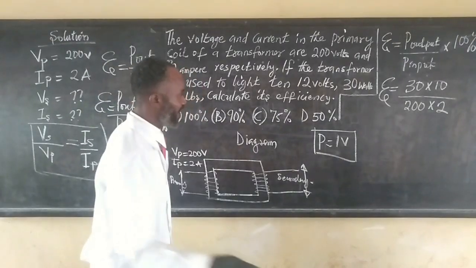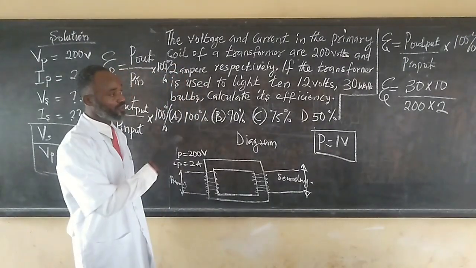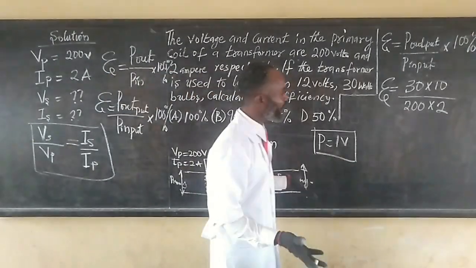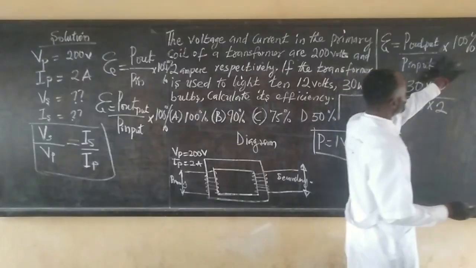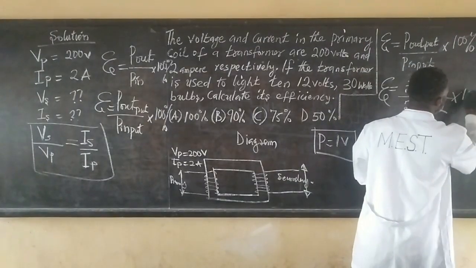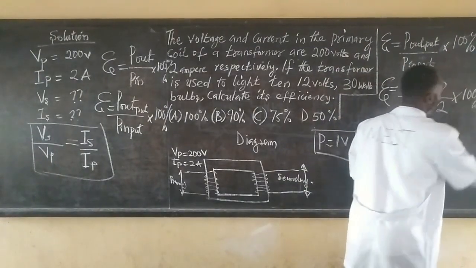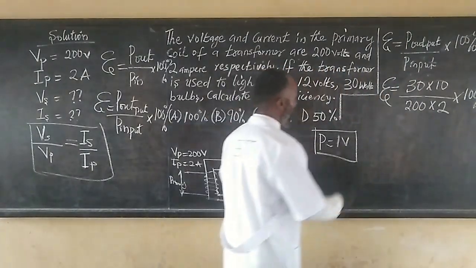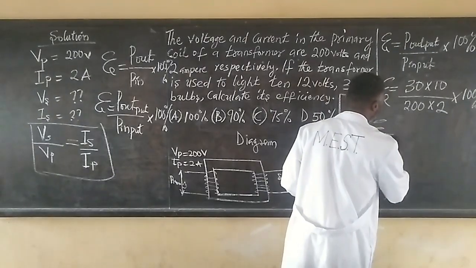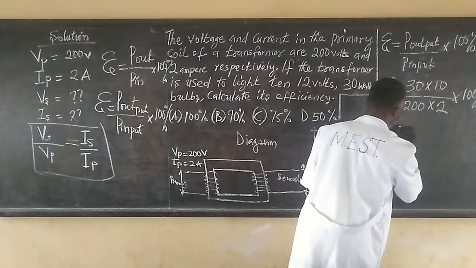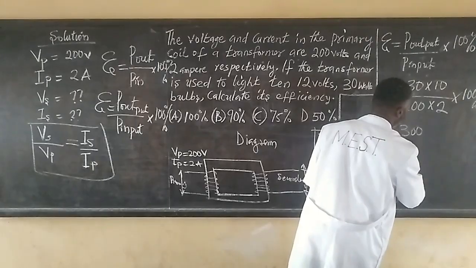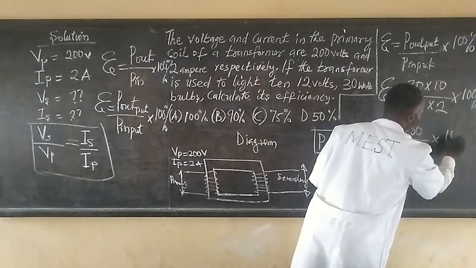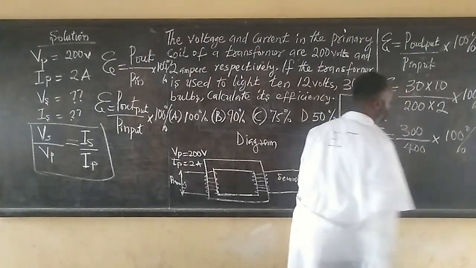Having done that, the next thing we need to do is to simplify. But something is missing: times 100%. Our efficiency formula remains. 30 times 10 is 300, and 200 times 2 is 400, times 100%.